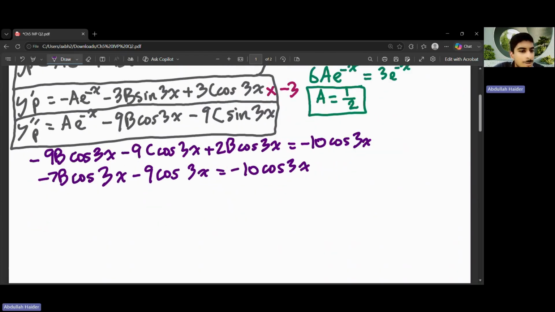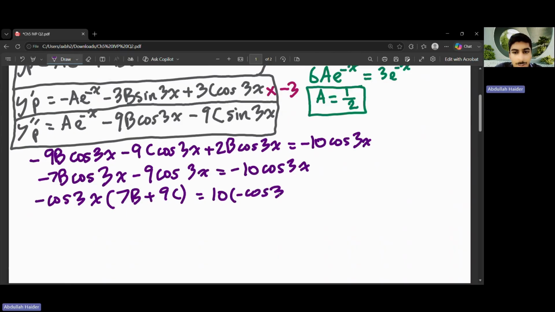So you can factor out minus cosine 3x from both sides. Factor them out, and you'll get 7b plus 9c is equal to 10.